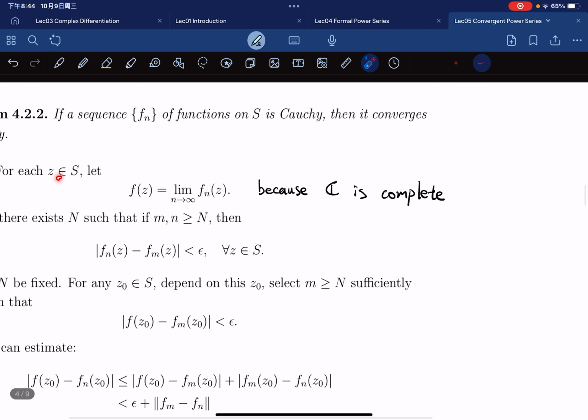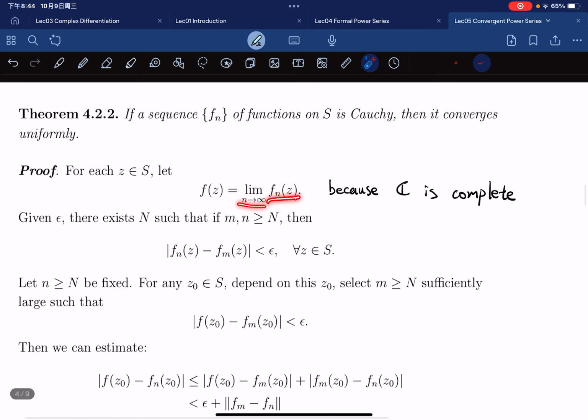So for each z, f_n(z) as n goes to infinity has a limit, and we define this new function as f(z). Clear? Because C is complete.